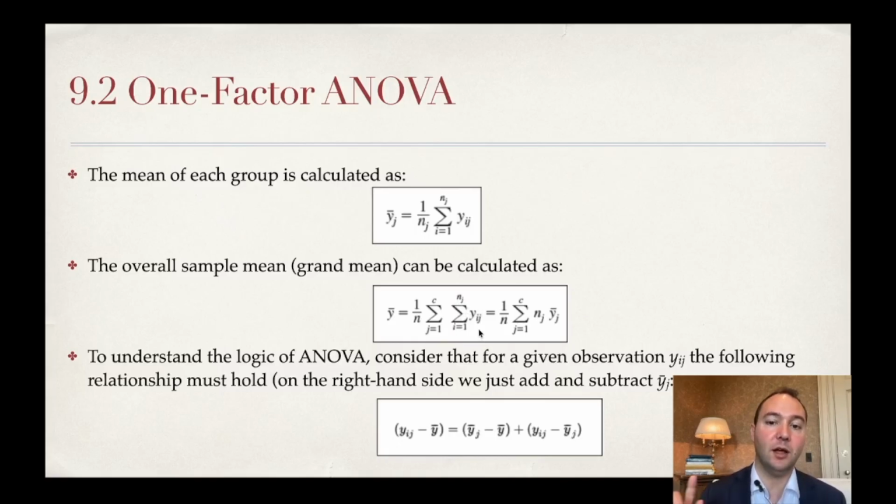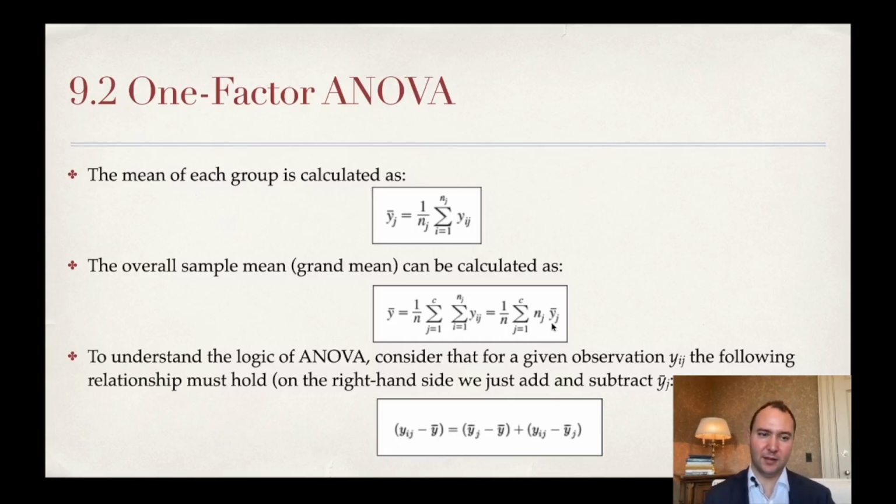Okay? Another way to calculate this would be 1 over our total sample size. So for everything in our sample, calculate the number of individuals in group j times the average of group j. And that would give you the same result.